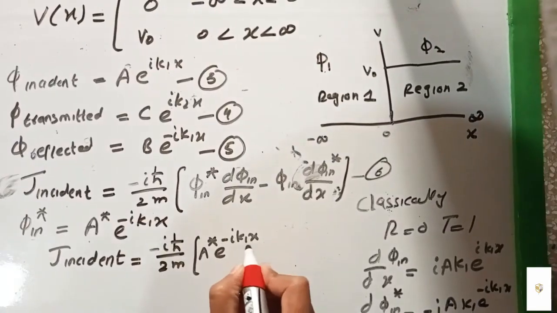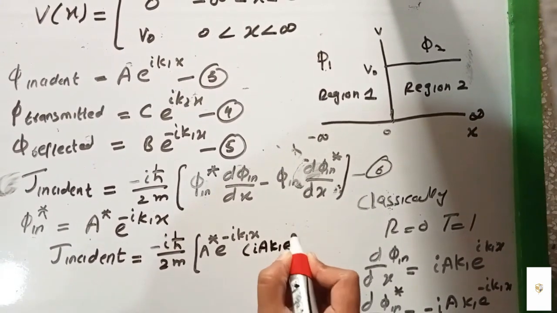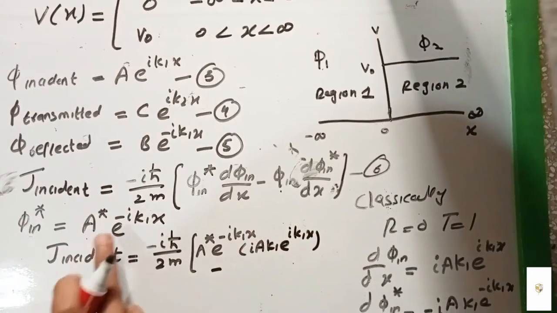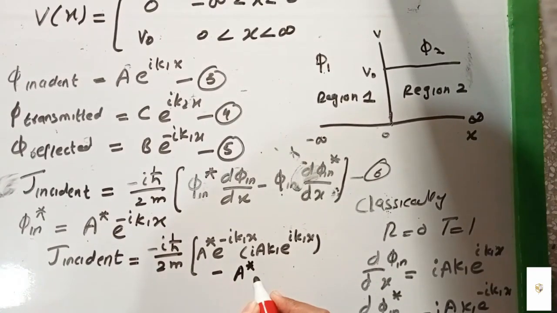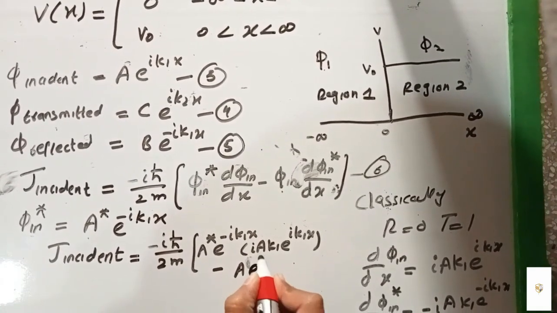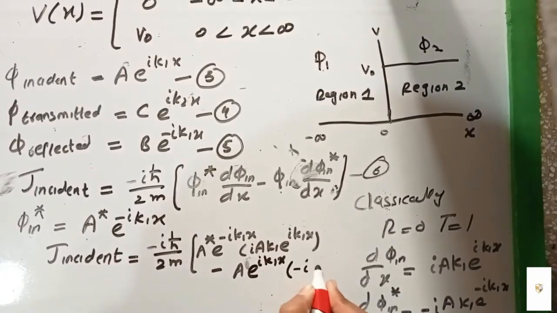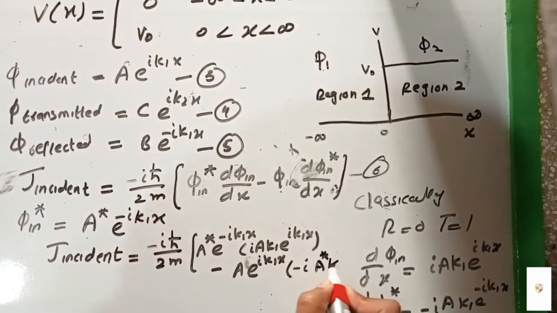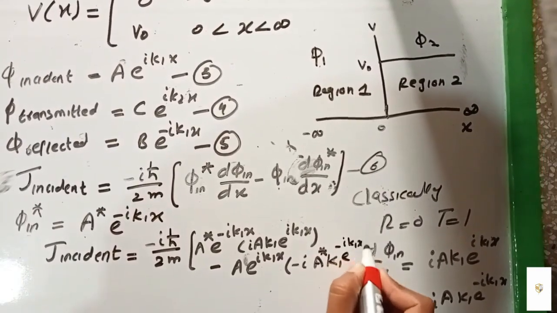is equal to iota a k1 exponent iota k1 x, and this term is equal to a star a exponent iota k1 x, and this term is equal to minus iota a star k1 exponent minus iota k1 x.